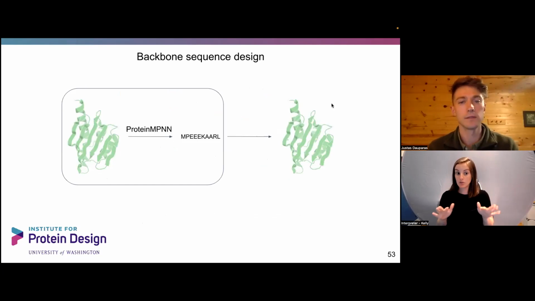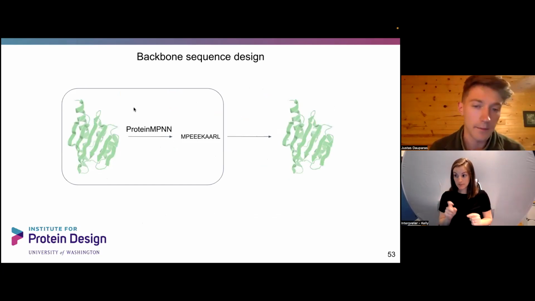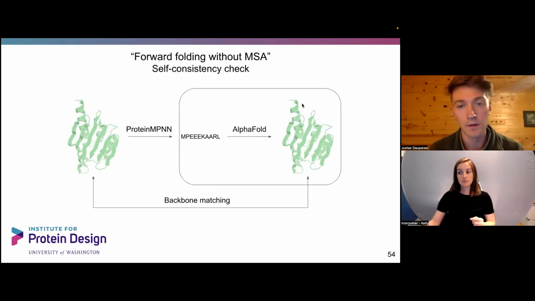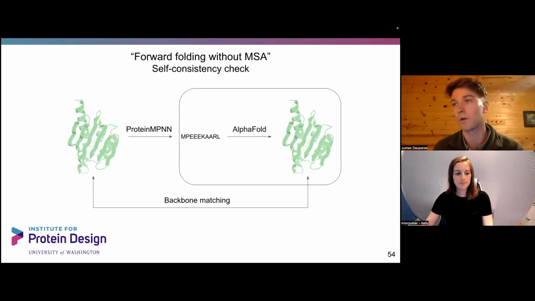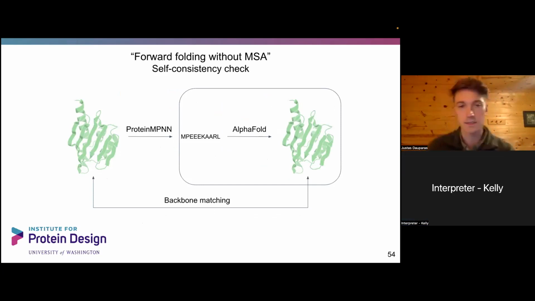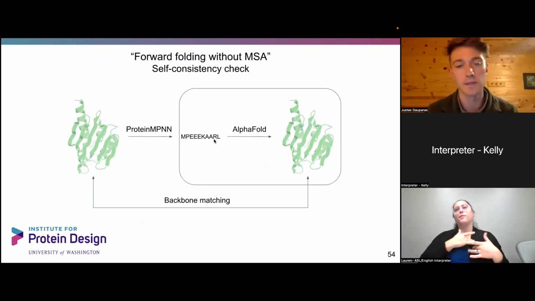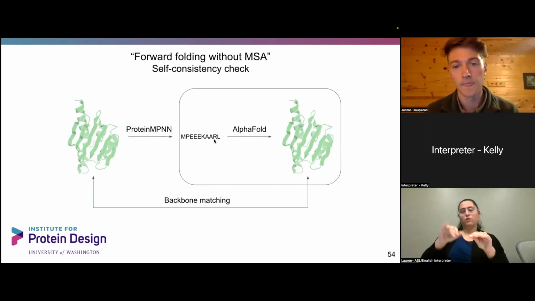So now, going back to thinking about backbone to sequence and sequence to backbone matching, what is the other way to evaluate how good the method is and what people want when they design a sequence? One of the things that people do is forward folding. When I design the sequence, how would the sequence fold?